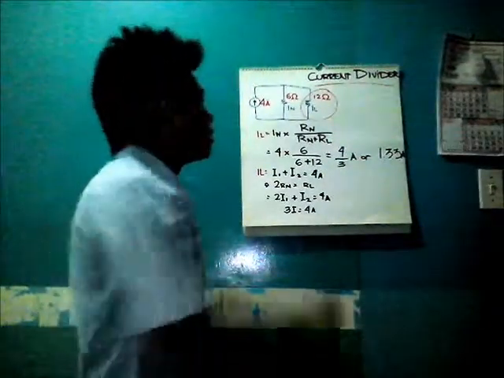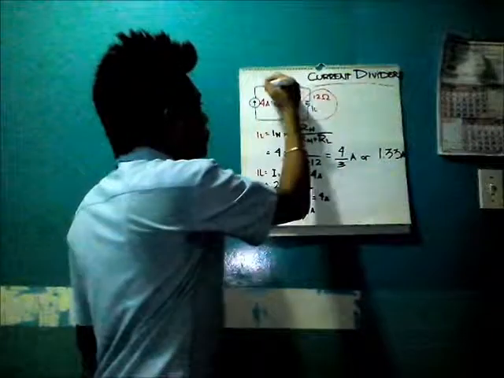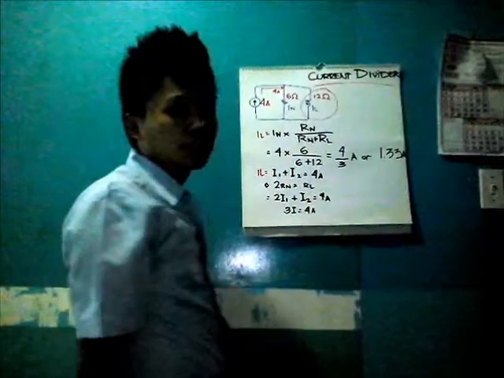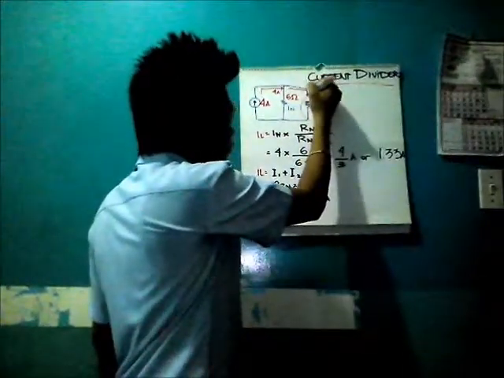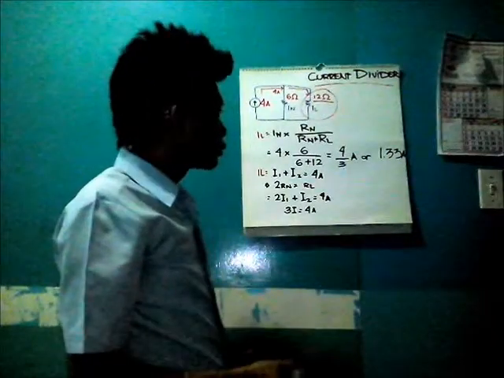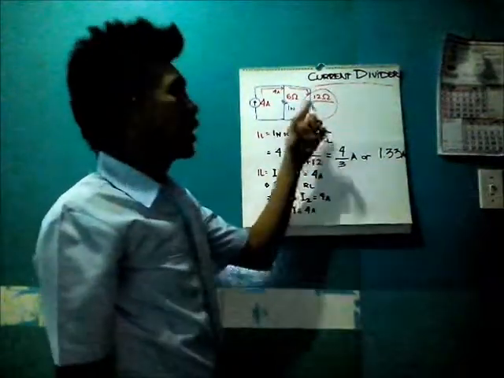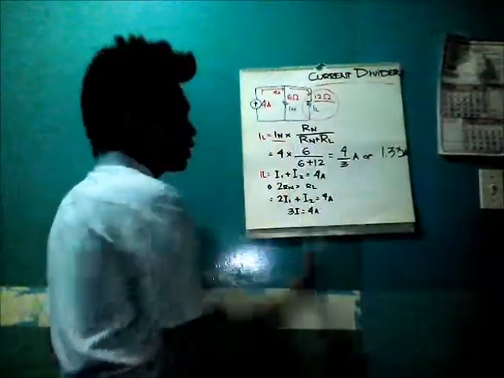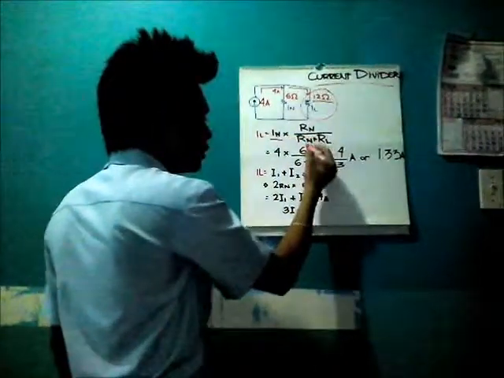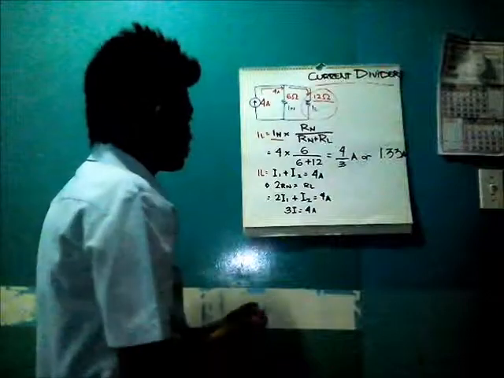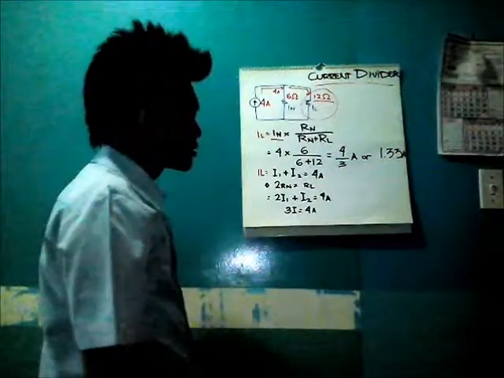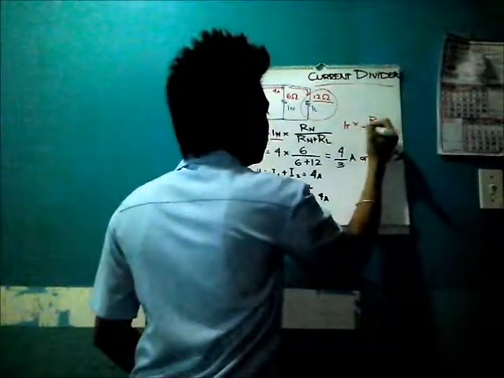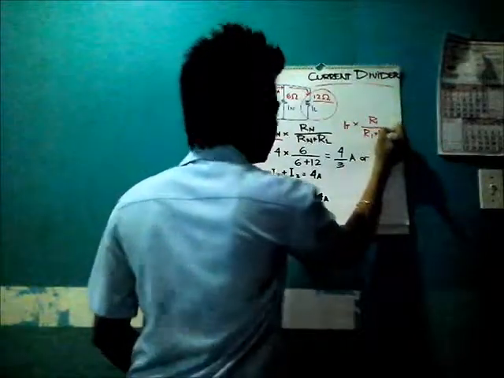In our IN there is 4 amperes, which will be divided to go through the 12 ohms for our IL, or the load current. So load current equals Norton current times RN over RN plus RL, just like in our current divider, which is I total times R1 over R1 plus R2.